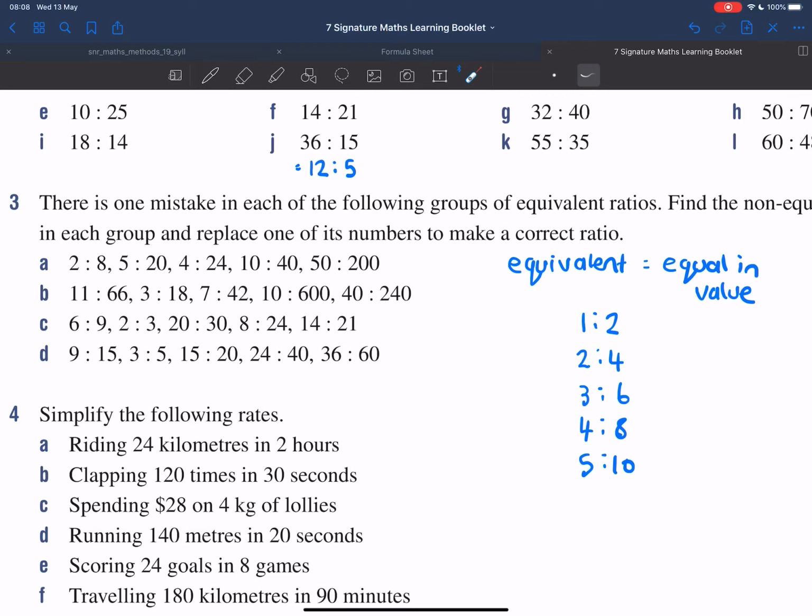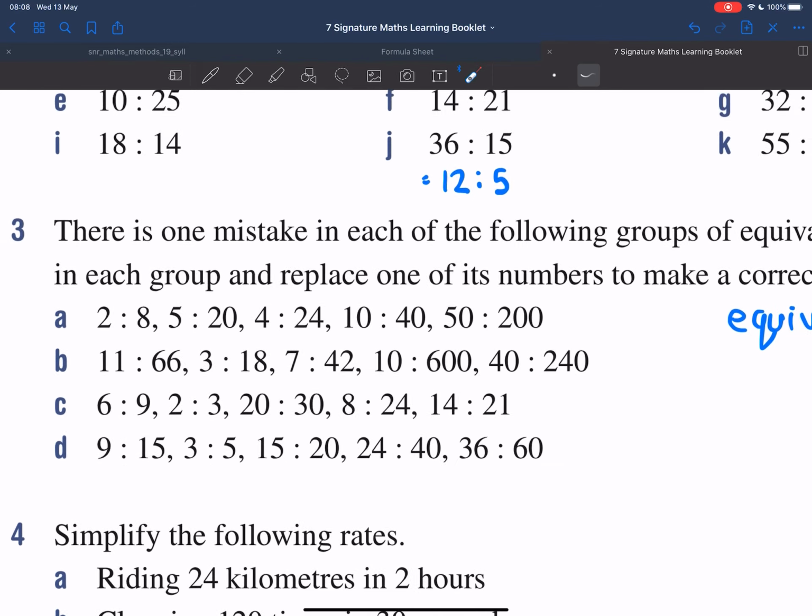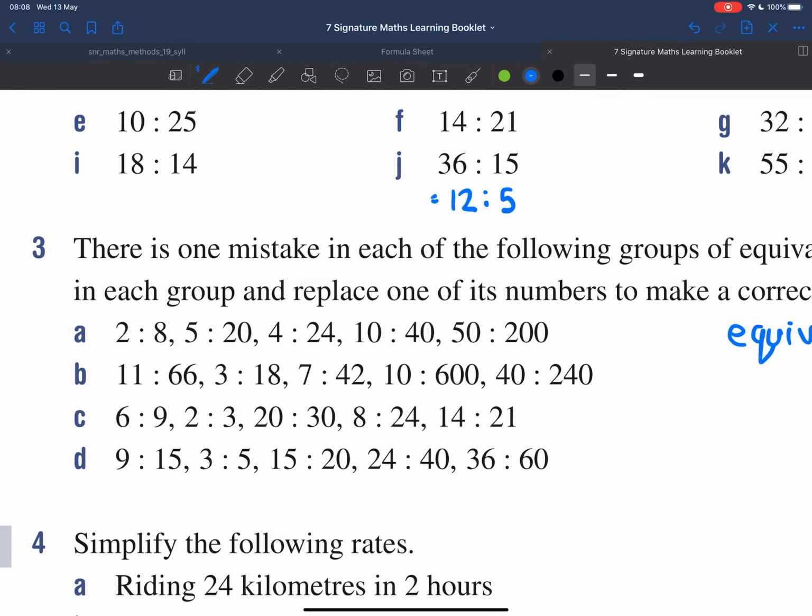What do you think we might want to do? Well, here's what I would suggest we do. What we do is we simplify the smallest ratio that we can find. The smallest ratio that I can find is this one here. See how the numbers look like they get bigger and bigger? So let's pick the smallest one and see if we can simplify it.